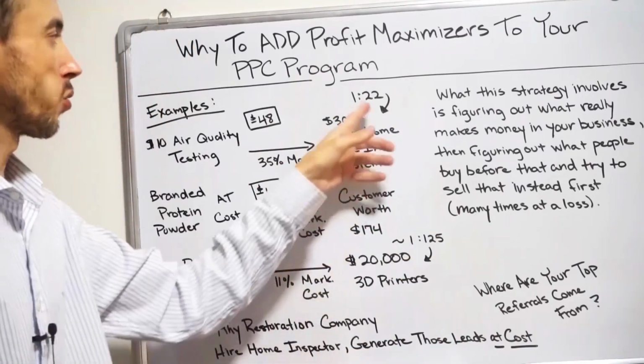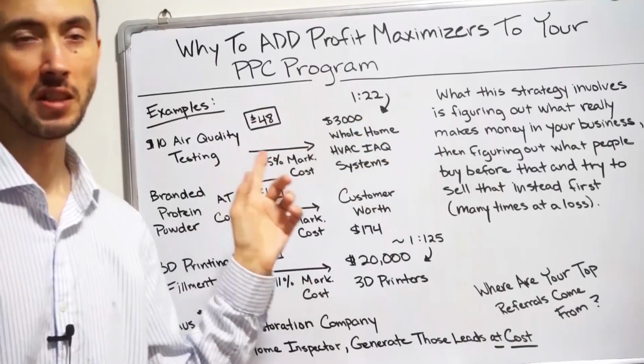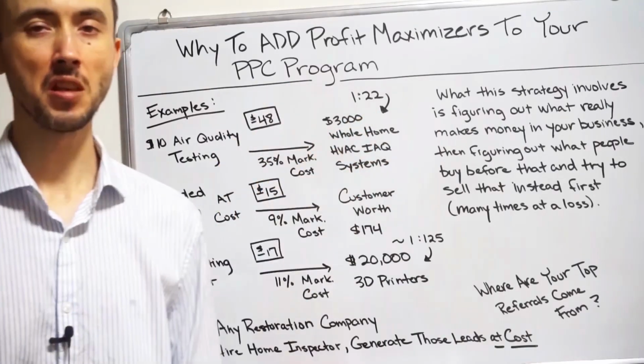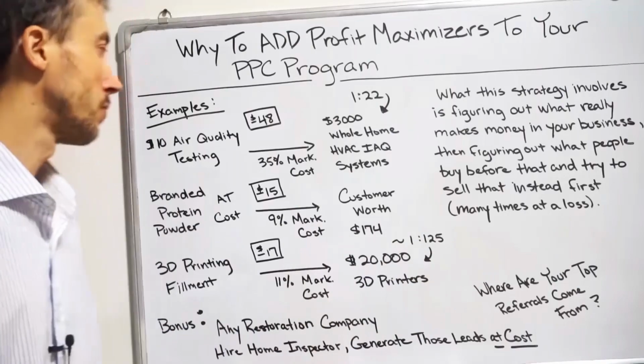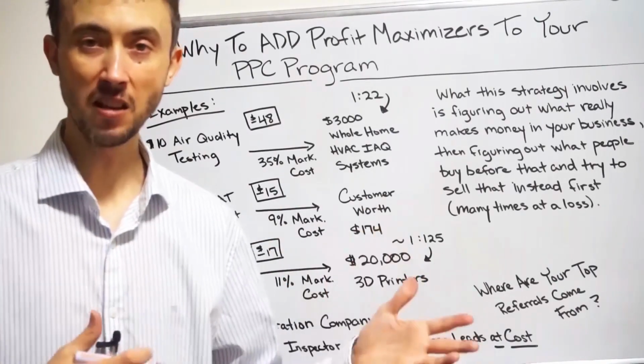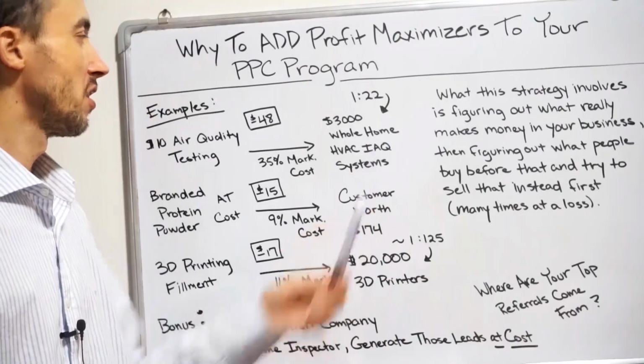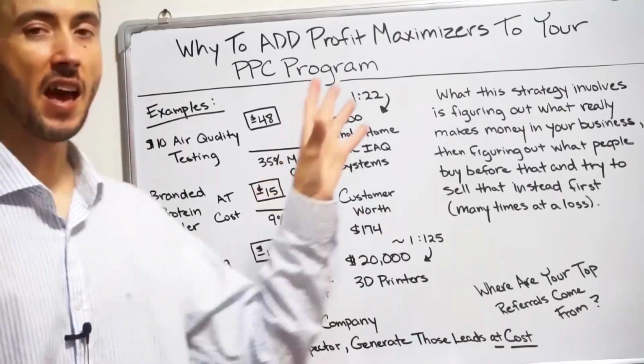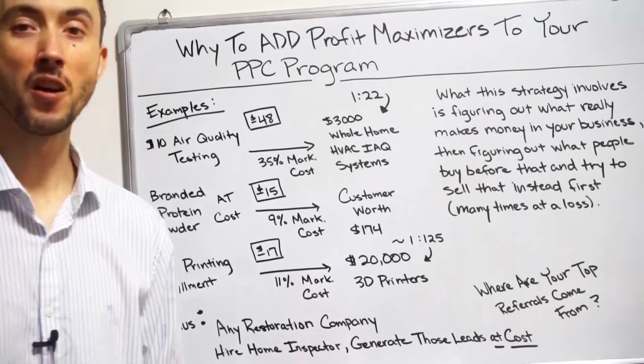So 22 out of 22 of these air quality tests, they could sell a $3,000 system. So what did that work out to? 35% marketing cost, which is not that great. But still, it was better than going head-to-head against everybody else for these high-margin systems.